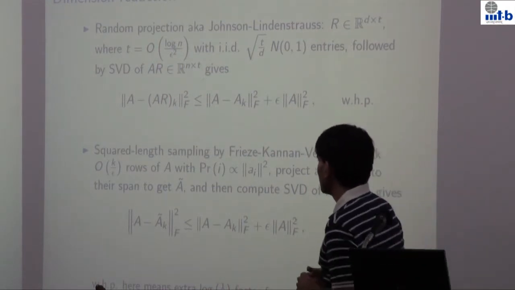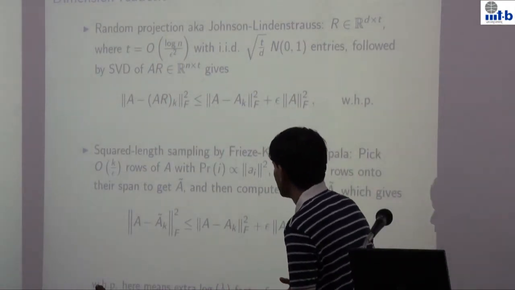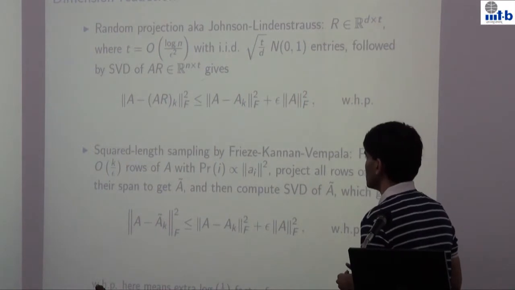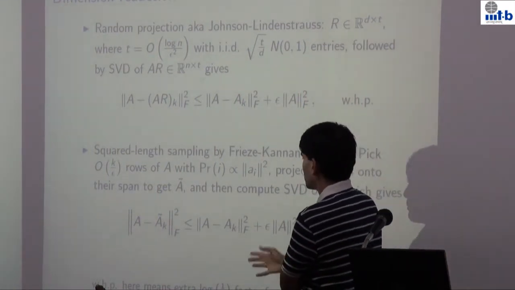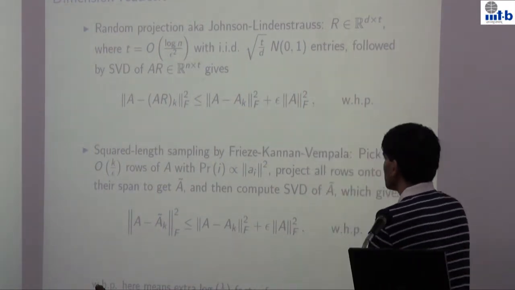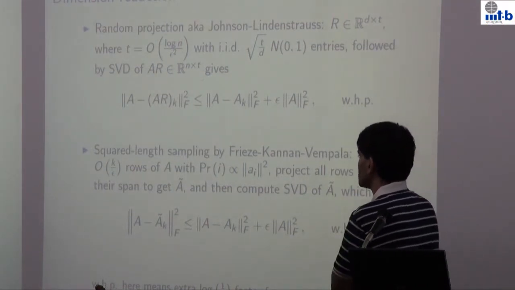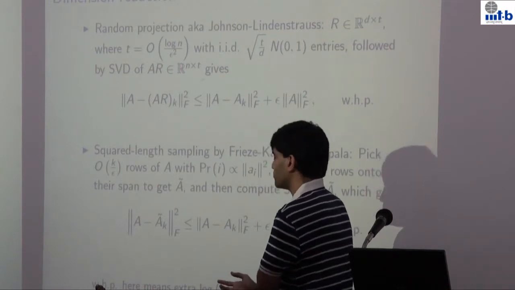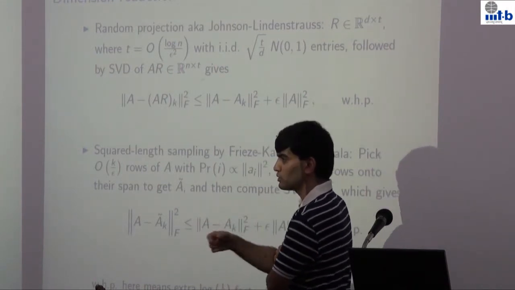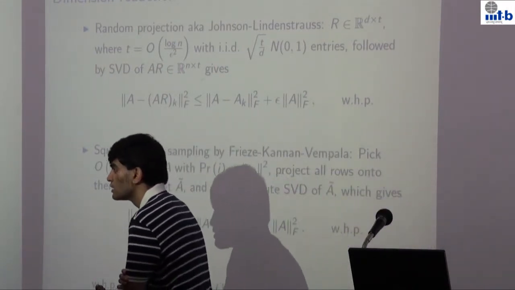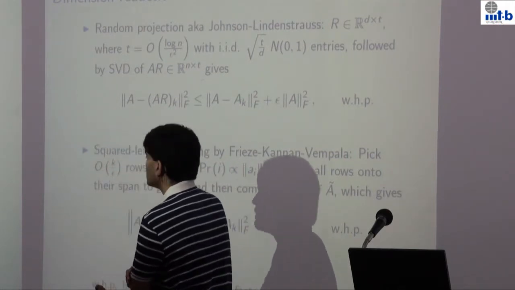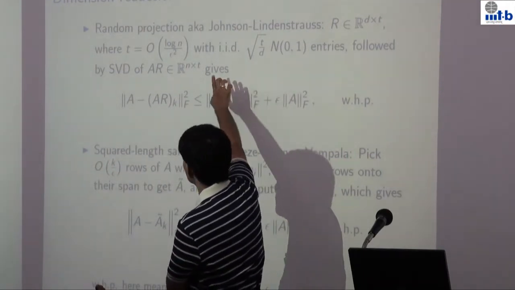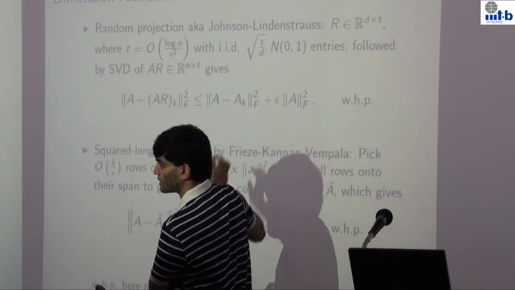So there is a simpler technique which you can do for rank k approximation. This is a result by Frieze, Kannan and Vempala. What they showed is you could do something very simple. You just sample the rows of your matrix. Any matrix, as long as it is of that size, a random matrix with IID Gaussian entries.